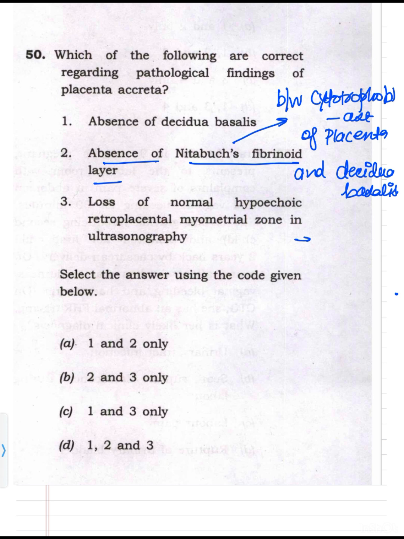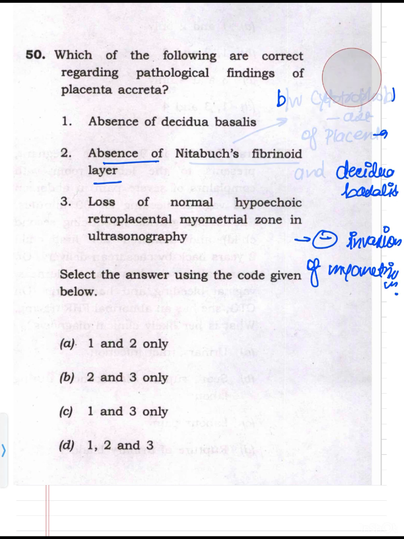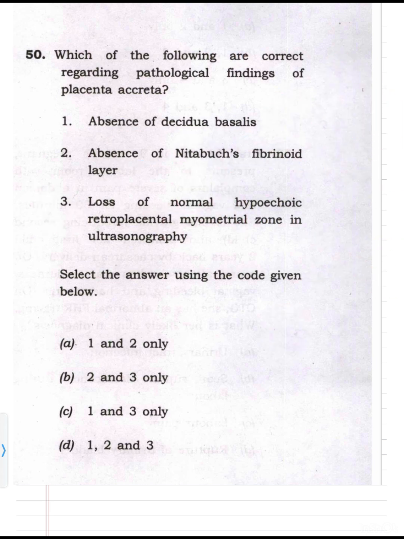What is its function? Its function is that it inhibits invasion of the myometrium. So whenever the Nitabuch fibrinoid layer is absent, it is going to form placenta accreta. So this is very correct. So second is also correct. First is correct, second is correct.